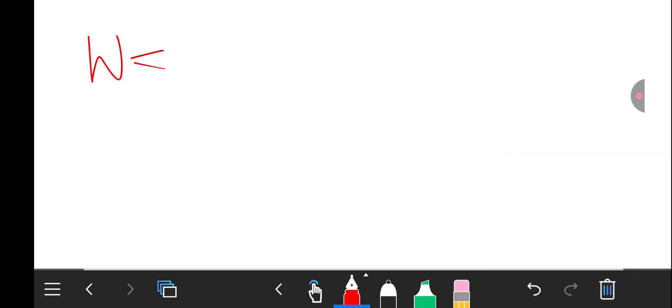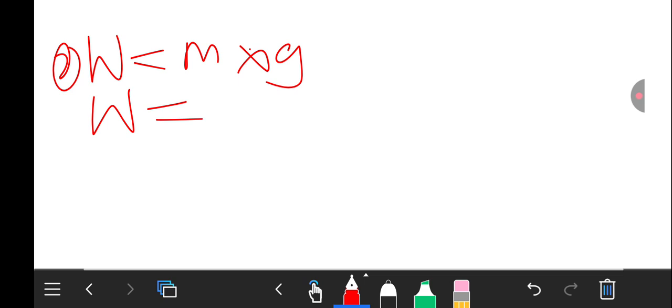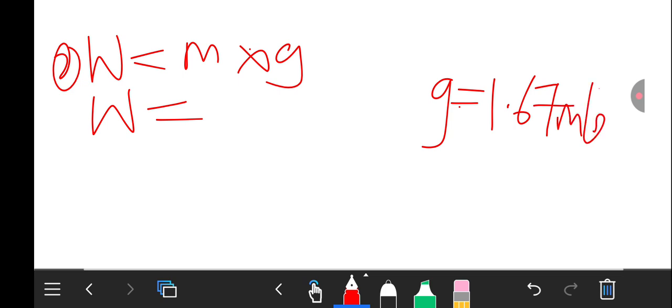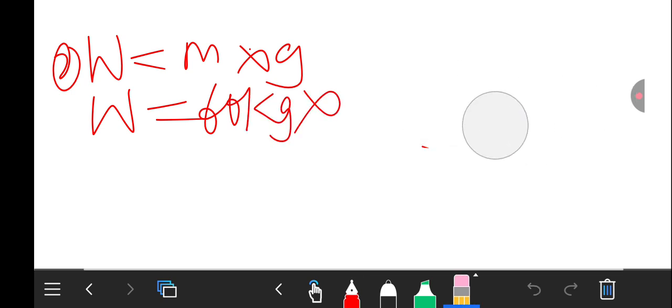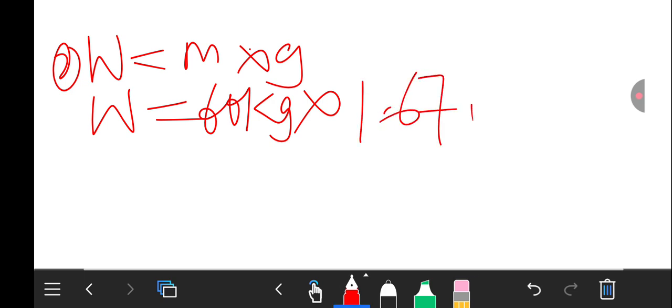Then this is question 2 now. Weight is equal to mass times gravity. Gravity on the Moon, it will be given, is somewhere 1.67 meters per square second. So the mass we have is 60 kg multiplied by the acceleration due to gravity, 1.67 meters per square second.